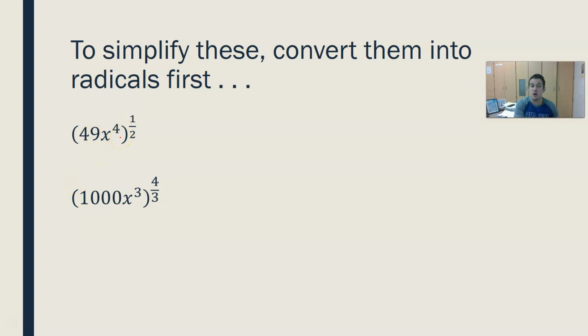So, since we know how to simplify radicals, or square and cube roots, let's convert this fractional exponent into radical form. Because I can do that, right? 49x to the 4th to the 1/2 power is the same as writing the square root. Remember, the number in the bottom becomes the root.